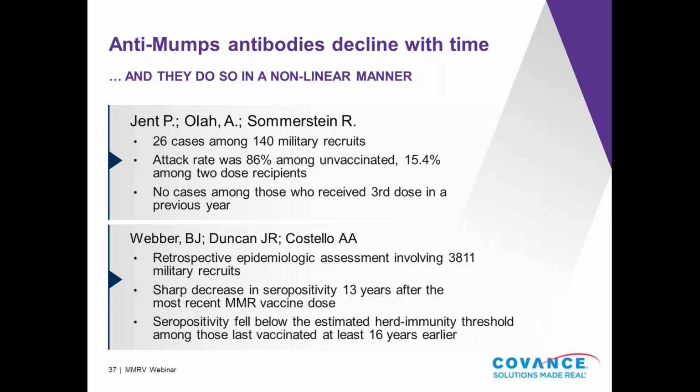It was 15% among those who had received 2 vaccine doses, and 8.3% among those who had received 3 vaccine doses. More importantly, no mumps cases were reported among the soldiers who had received the third MMR dose in the year previous to the outbreak. But the attack rate was 14.3% among those who had received the third dose 2 years before.